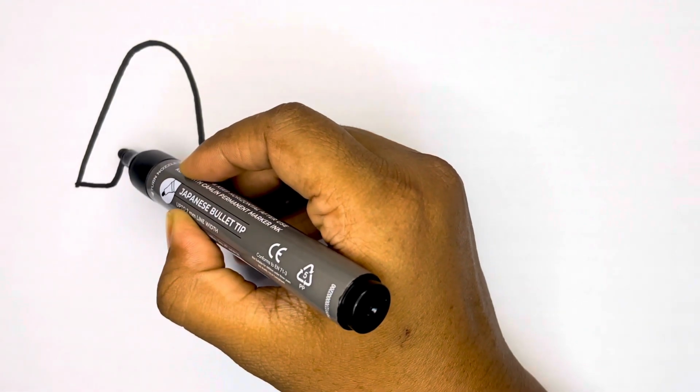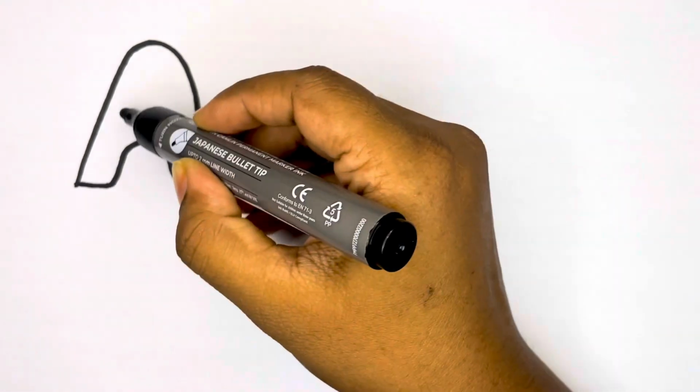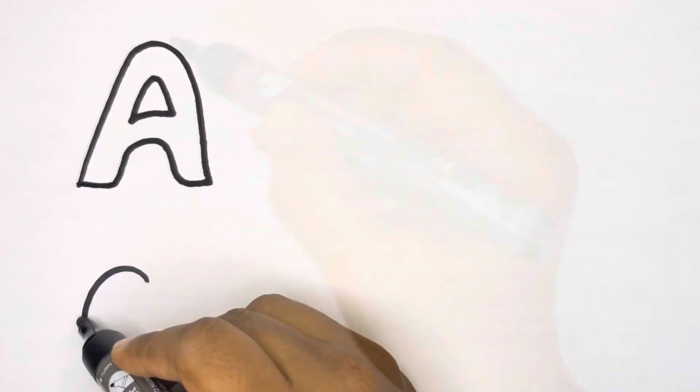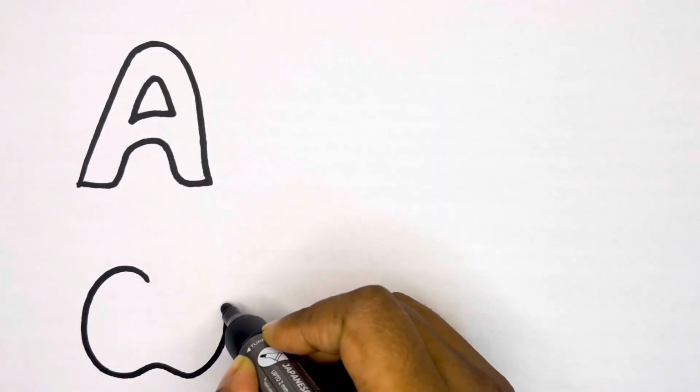First is A. A for apple, aeroplane, ant.